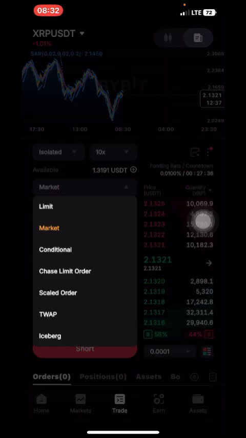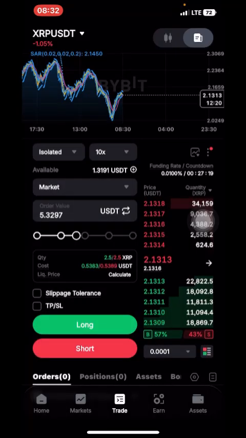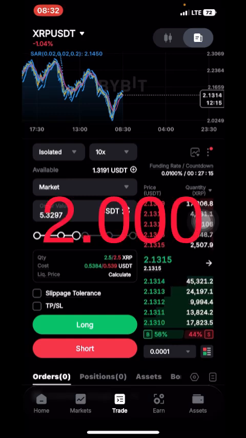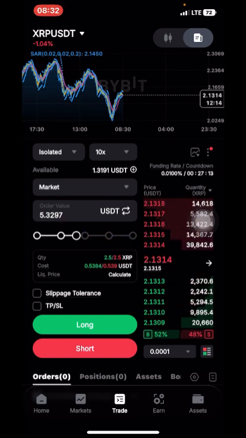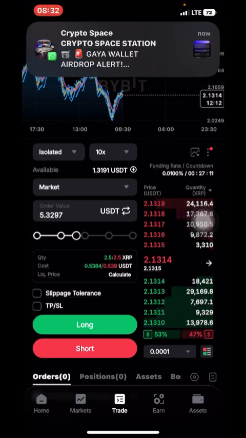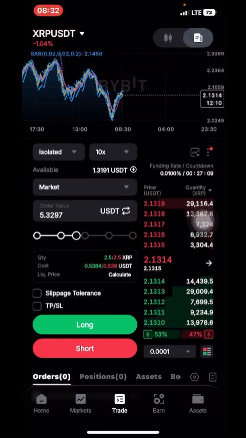But if you are using limit, you are setting your trade to execute at a particular price. I will explain this in the next video. For instance, you can decide to execute your trade when it gets to 2.20000. That's what it really means. Now I'm executing my trade at the current market price, that's why I'll leave it at market.